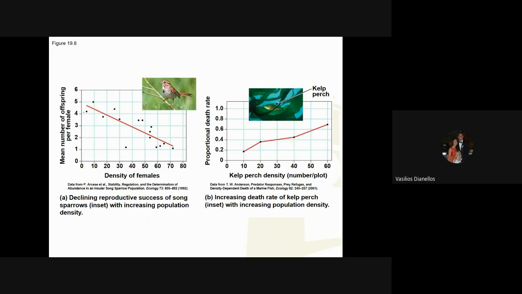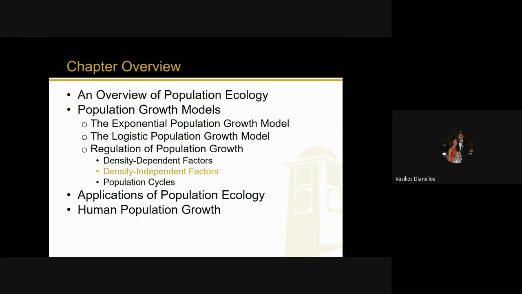That's not necessarily true in this case. It depends on the density. If there's a lot of birds in the same area, then these birds start having fewer and fewer offspring. I'll just leave it at that. I don't have time to even give the other example, but it's just an example. You don't need to know anything about it for the exam, but I think it's a great example of showing you how, as population density increases, in this case, the birth rate decreases.